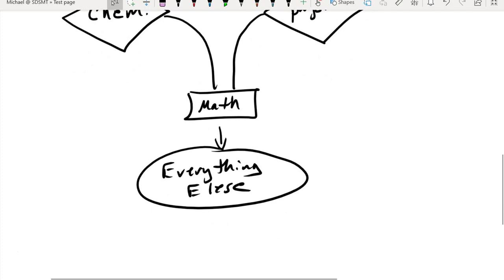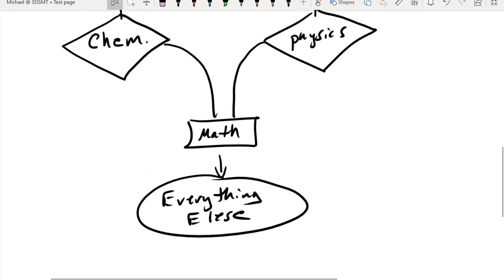All those other sciences, all those other engineering topics, are a combination of those three classes: chemistry, physics, and math.